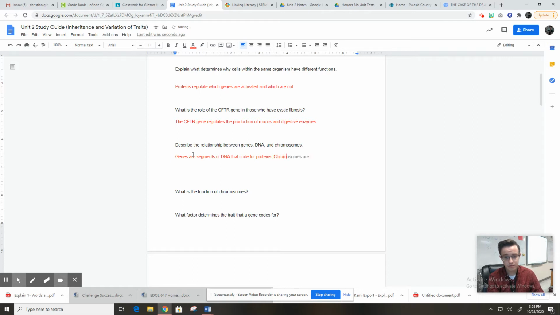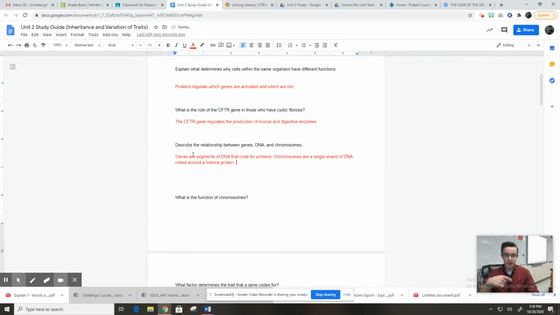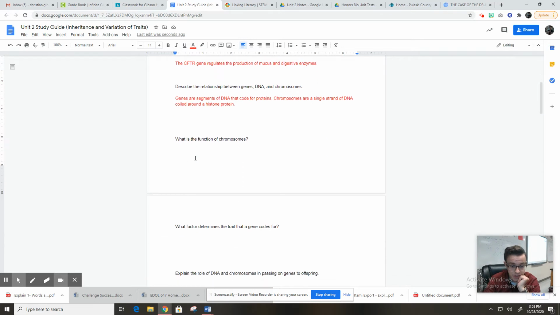Chromosomes are a single strand of DNA coiled around a histone protein. Think of that as like the middle of the paper towel roll, that cardboard piece. The DNA is wrapped around it, and that's what forms a chromosome. And then sections of that DNA strand that code for proteins, those are what we call genes.